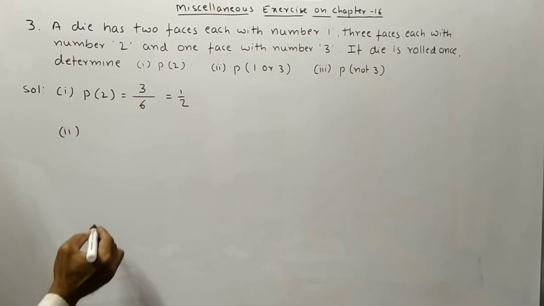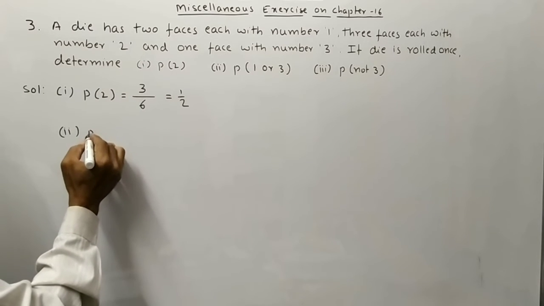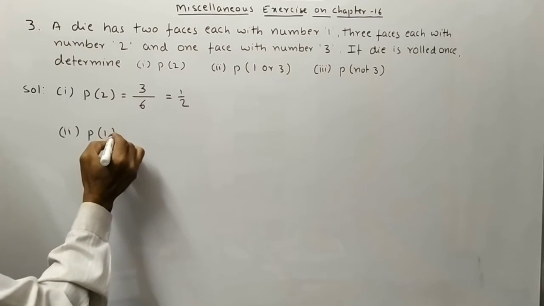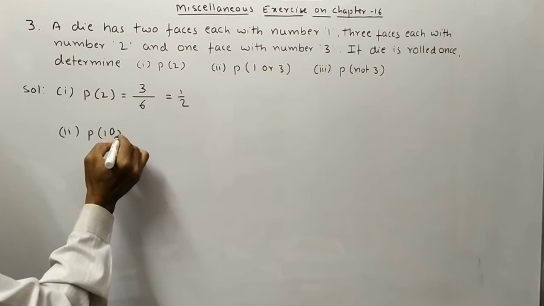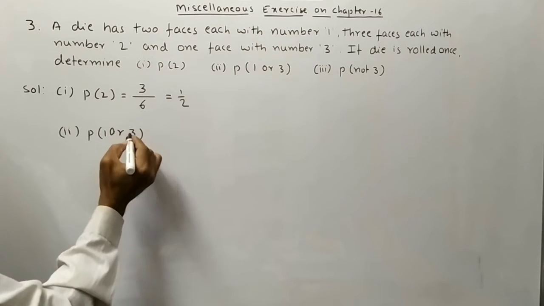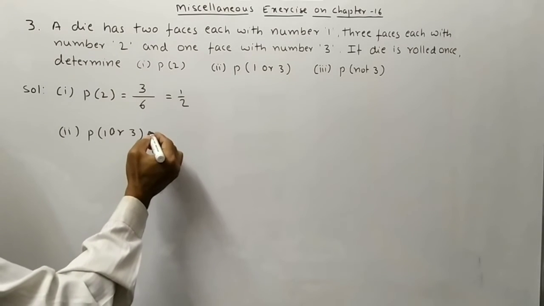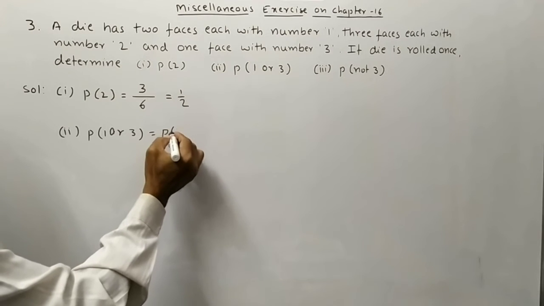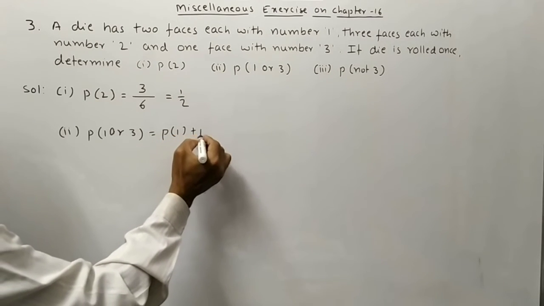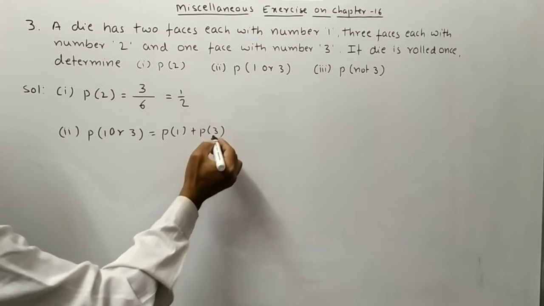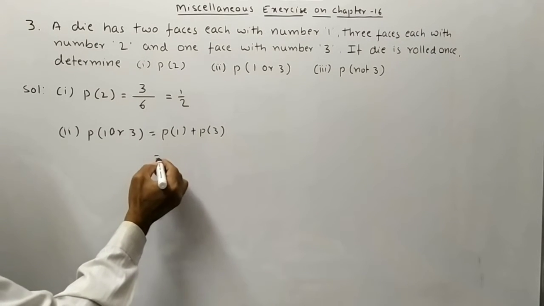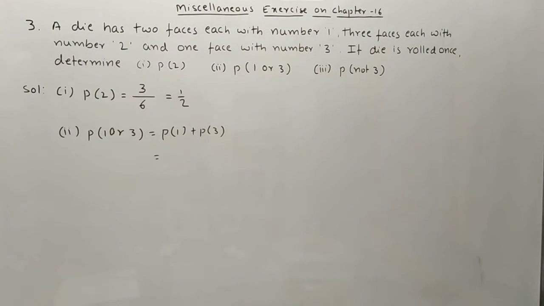Second one, probability of 1 or 3 is equal to probability of 1 plus probability of 3. What about probability of 1? 2 faces are with number 1.